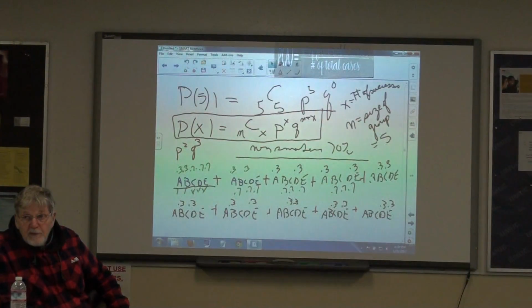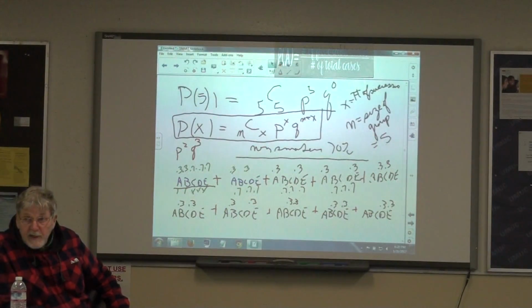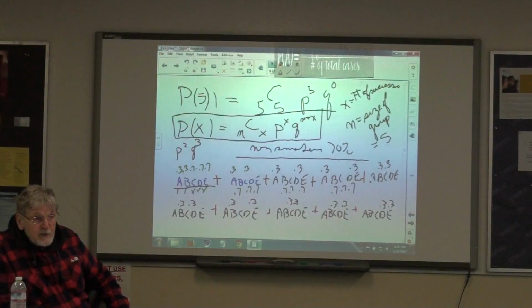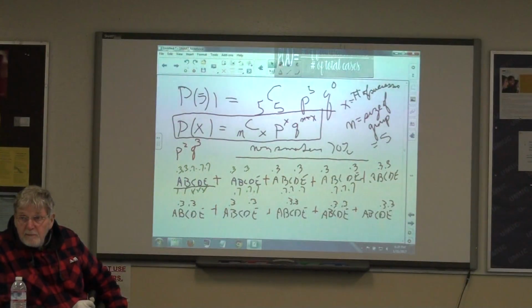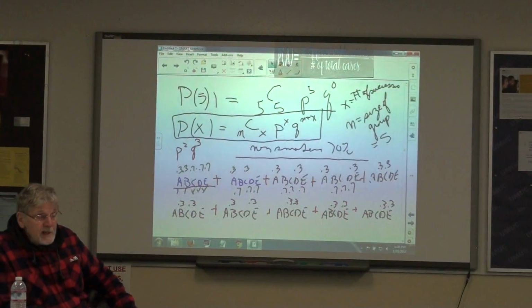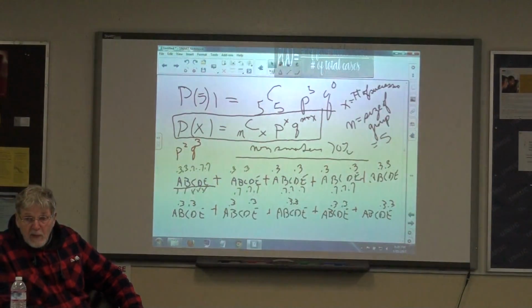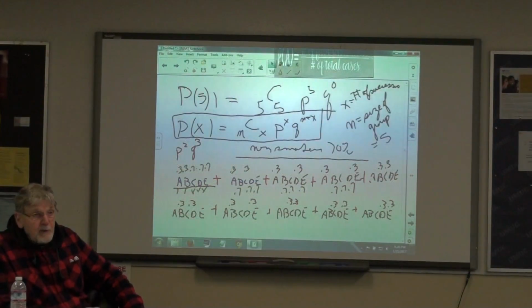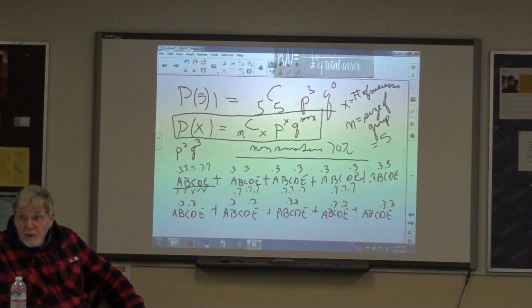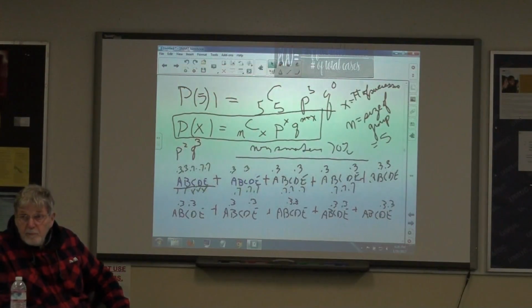What's your probability of failure? 4 out of 5, 0.8, agreed? So this is true on all the questions, is it not? If you guess randomly, it's the background population, and it's a valid p, and it doesn't change for any one of the 3 questions, because you're doing them randomly. So p is fixed at 0.2, q is fixed at 0.8, agreed?